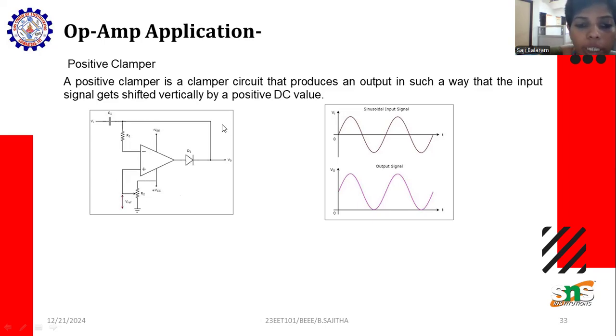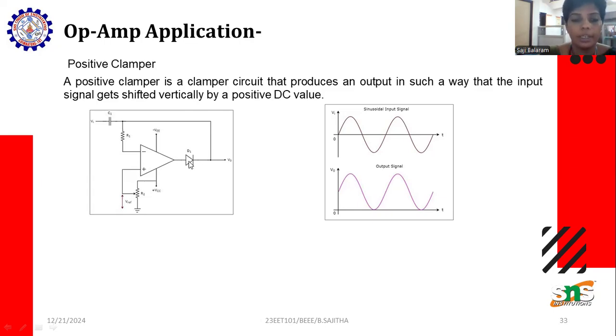This DC voltage is given at the output and is given as the input to the cathode of the diode, while the anode of the diode is compared with the reference voltage. So the diode compares both, and at a particular instant the diode turns on and at another particular instant the diode turns off.